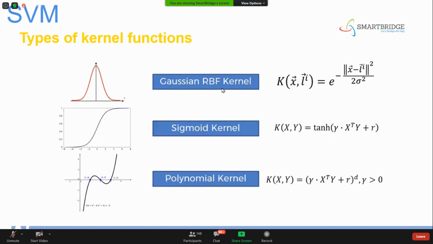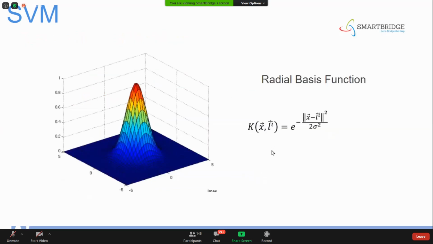So these are the different kinds of kernels that will be there for separating the data so that you can linearly separate the classes. Now here we will be looking at Gaussian RBF. So this is what is called the Gaussian RBF curve.